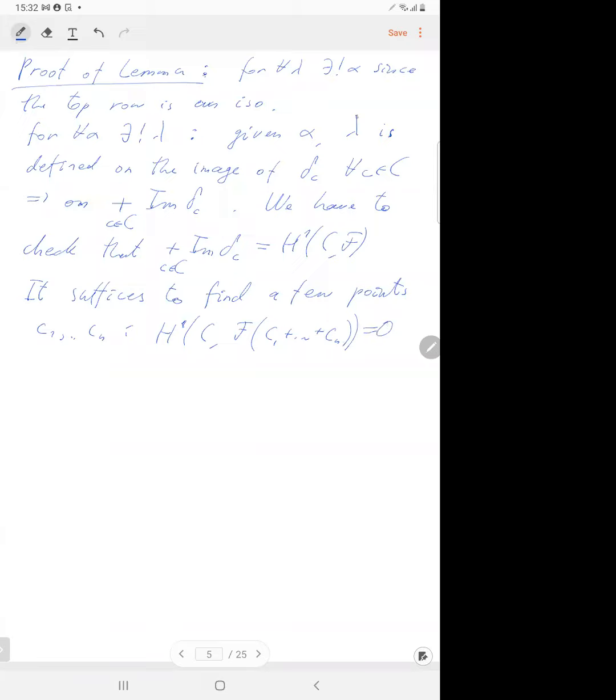Right? Just from the long exact sequence of cohomology. Okay.